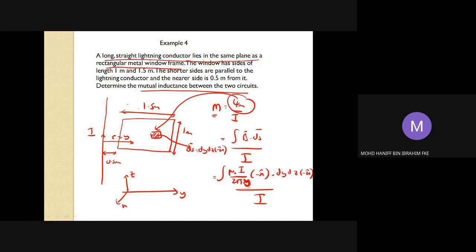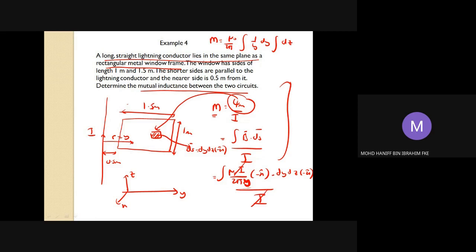I think we did this example before in calculating the magnetic flux, so the same things apply. Then I can be cancelled out, and we end up with M equals mu naught over 2 pi, integration of 1 over y dy, times integration of dz.